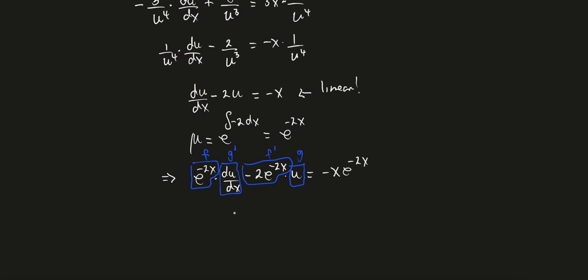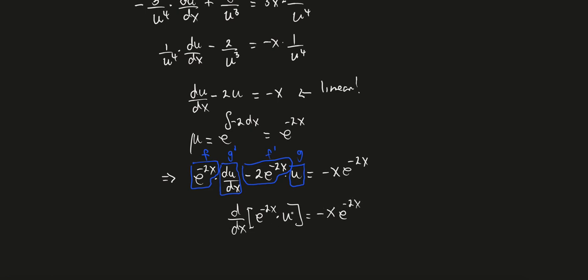So the left-hand side is the derivative of the product of the integrating factor, e to the -2x, times my unknown function, which in the linear equation is u. So u goes here, and then this doesn't change. So I have negative x e to the -2x.